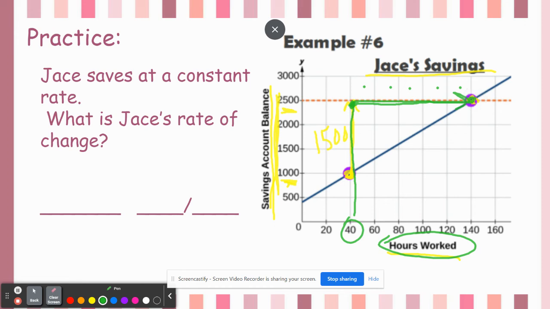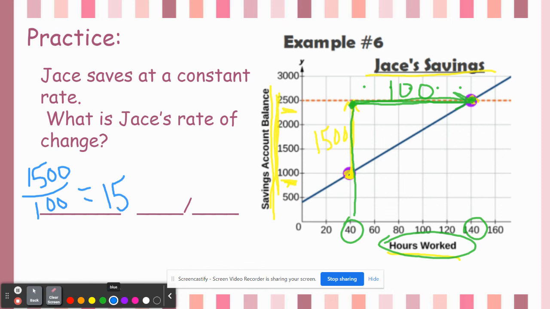How many hours was that? Oh, that's 140. So how much from 40 traveling to 140? That would be 100, right? So that means that my rate of change would be 1,500 over 100. And of course, we're going to simplify that and it would give me 15 in Desmos.